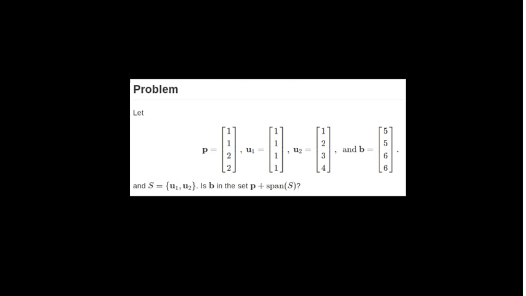Similar to what we have done in class, if I have a vector P, another vector u1 and u2, and I say the set S is equal to u1 and u2, then I can consider its span, and I want to consider the affine subspace P plus span S. This is the subspace and shifted subspace. I also have another vector B. A natural question is whether this vector B is in the affine subspace.